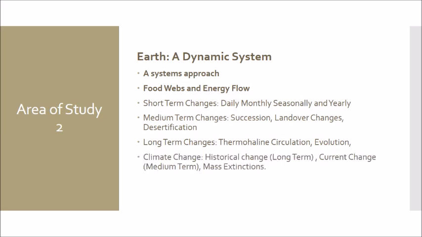And then we'll end by looking at climate change and what's happened long-term and what's happening at the moment, and whether that's still long term or maybe fits into another category. And finally, throughout the whole thing, we'll look at how we monitor different changes and how we know that things are changing.